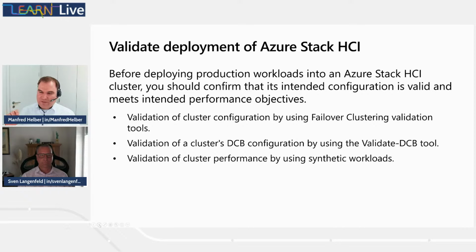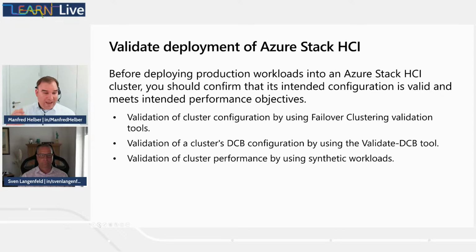We have seen, if you use the deployment wizard, and I mentioned this, we will have several validation steps already within this deployment wizard. So each step, configuring the nodes, configuring the network, configuring the storage, will lead to a validation of what you configured there.